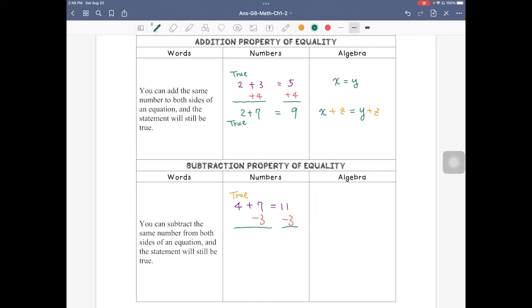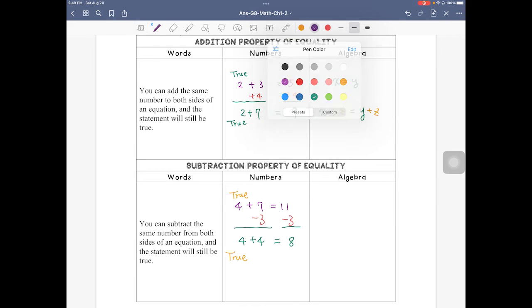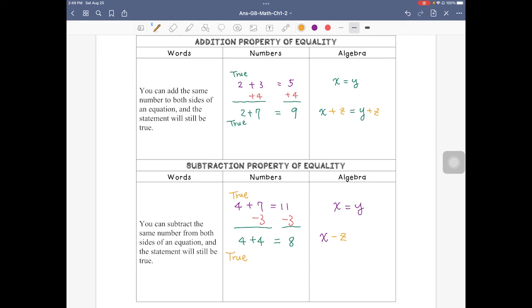Then 4 plus 4 equals 8, and it is still true. In algebra, when x equals y, x minus z equals y minus z. So a true statement remains true when I add or subtract the same thing on both sides.